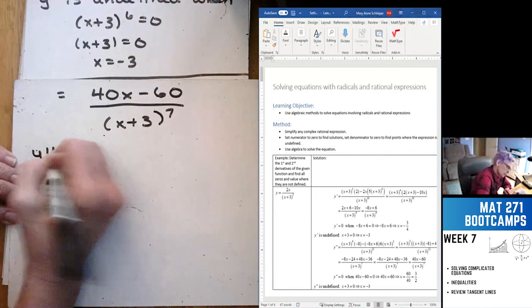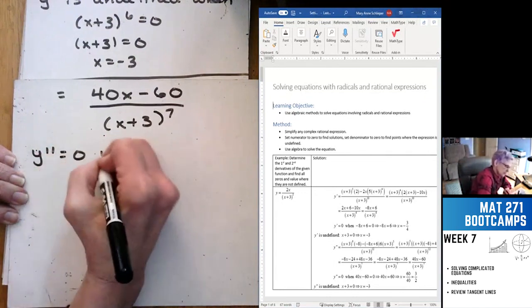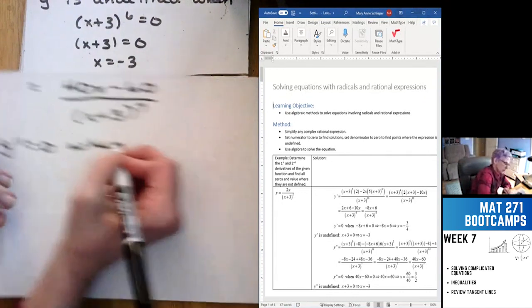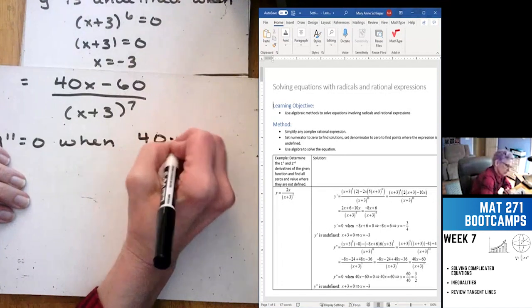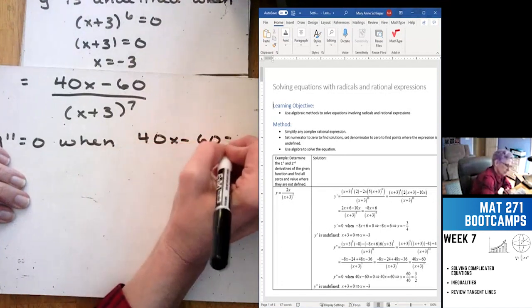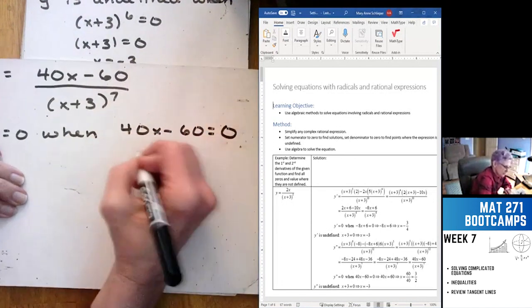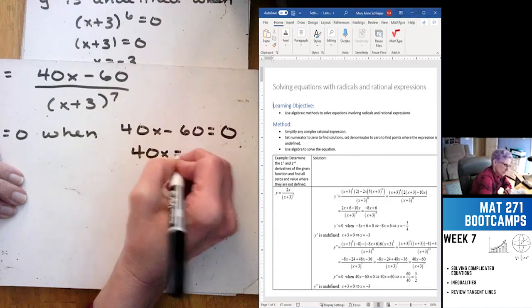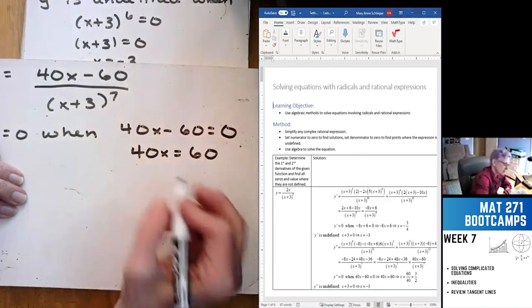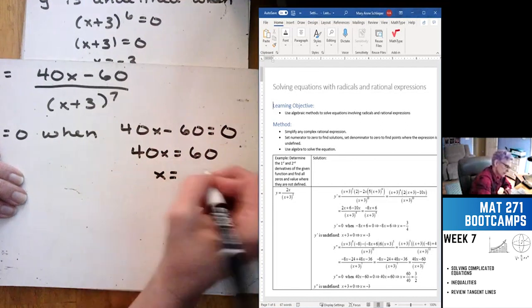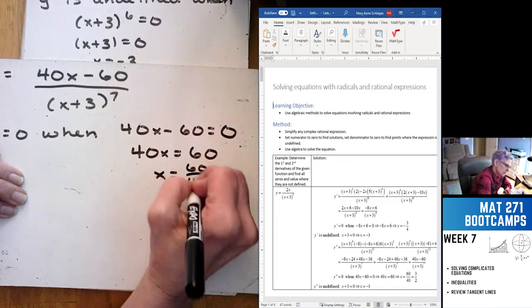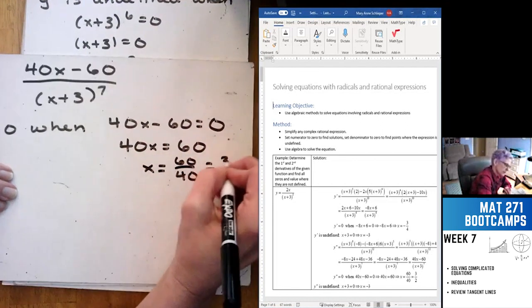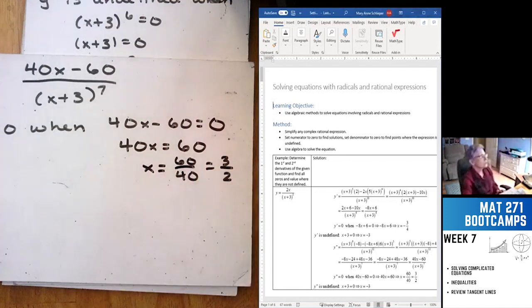The y double prime is equal to 0 when the numerator is equal to 0. So when 40x is equal to 60, so when x is equal to 60 over 40, which is 3/2.